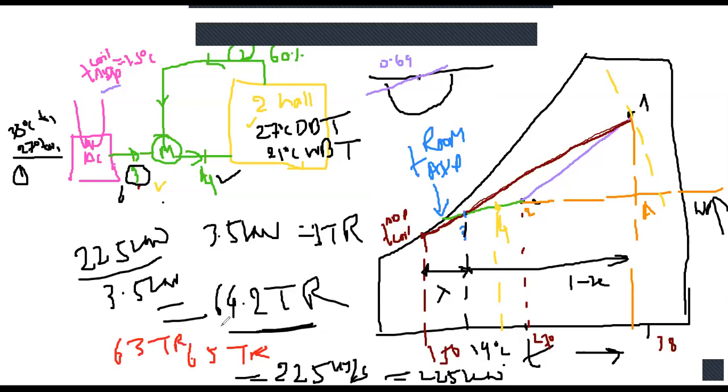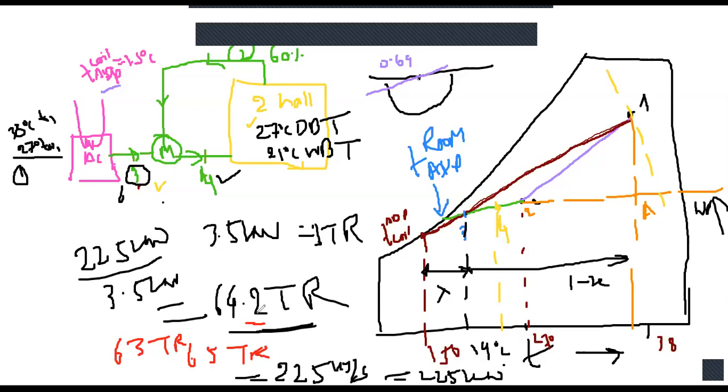There is no configuration available in the market in fractional tons. 64.2 ton, we'll go for the next slab or previous slab, which is available in our market.